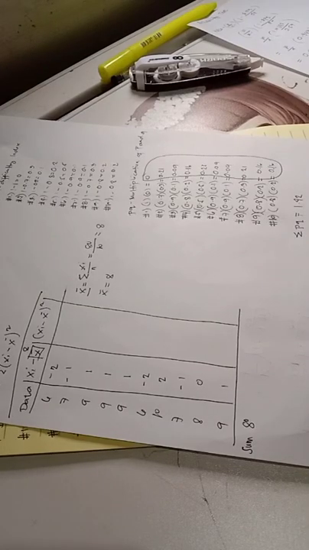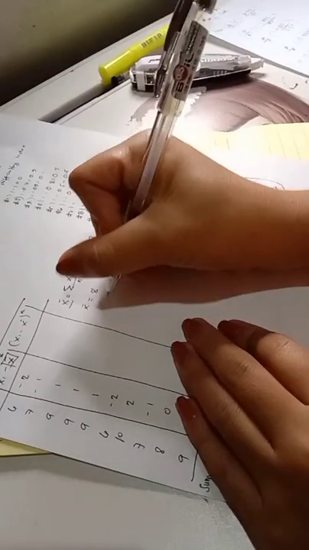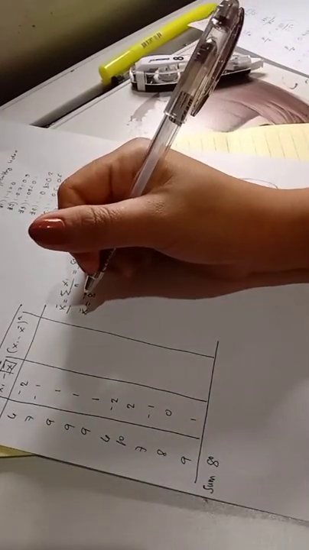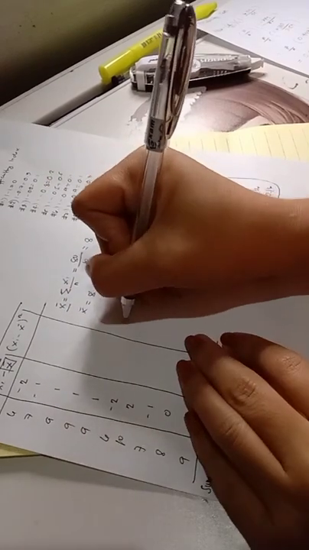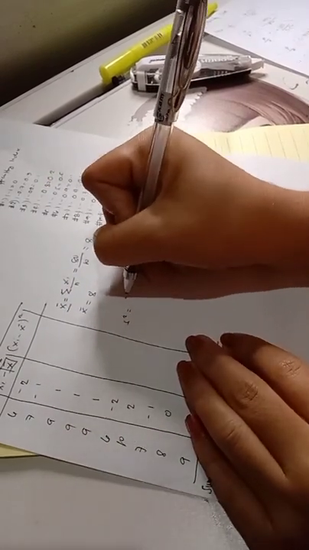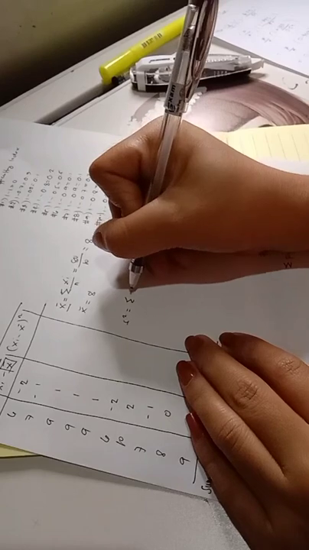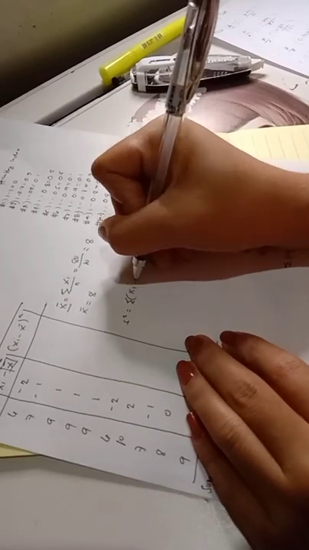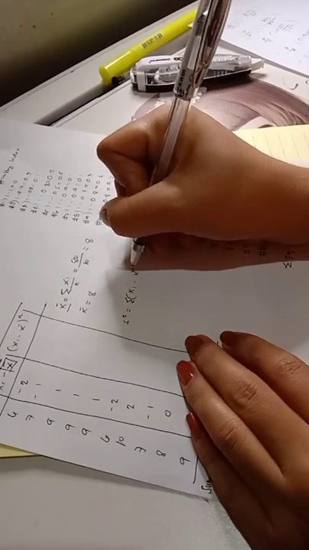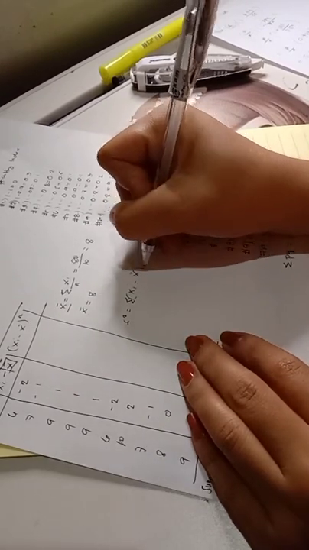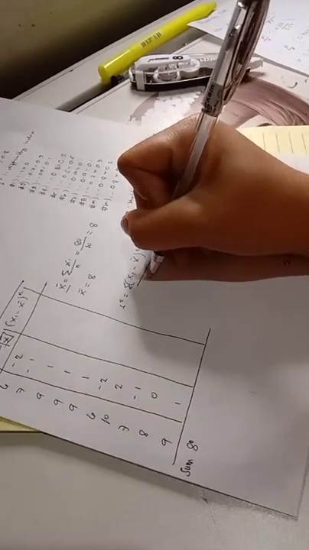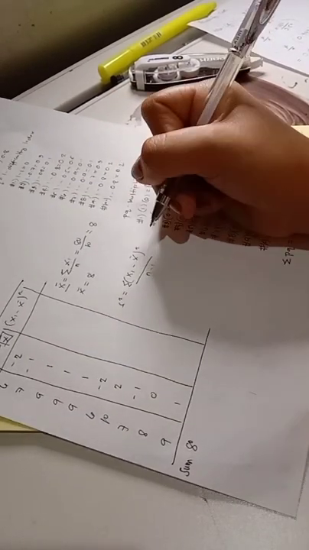The next part is getting the S squared equals the sum of x differences minus the sample mean, divided by n minus 1.